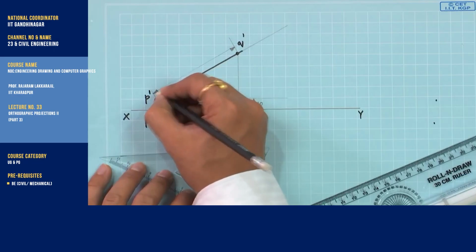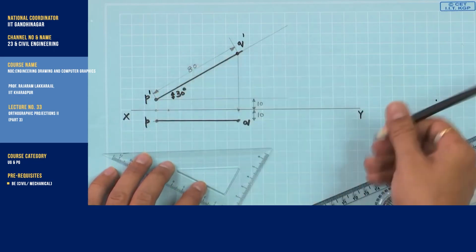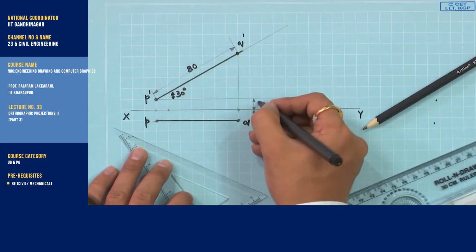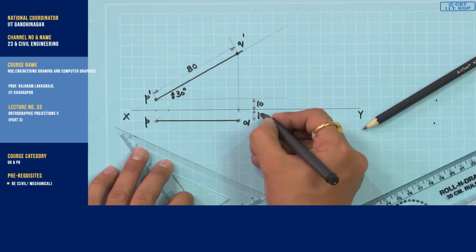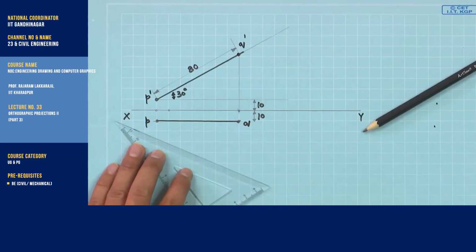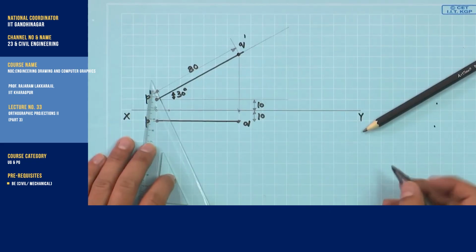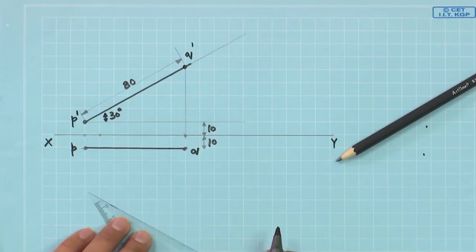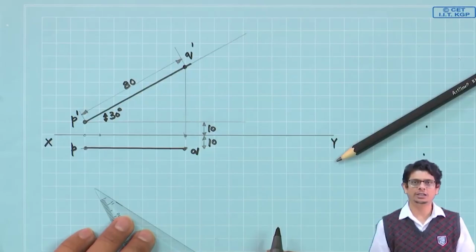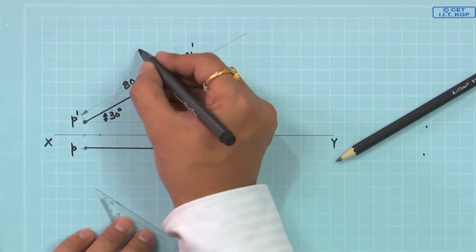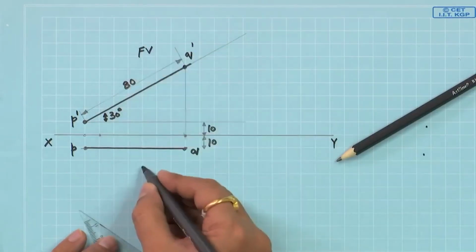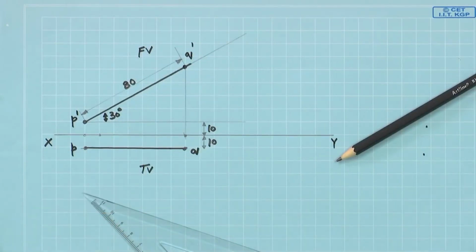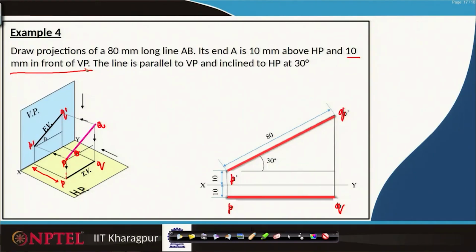So, this will be 80 units, let us name it, and this will be 10 and this will be 10. This is the way we construct for a line how to do these projections on the vertical plane, horizontal plane, and this one what we call front view and this one top view. Let us move on to the next example.